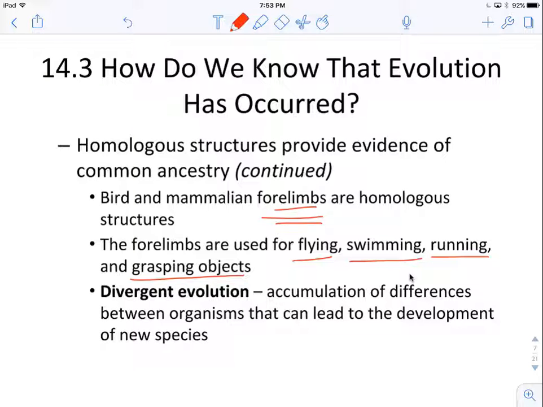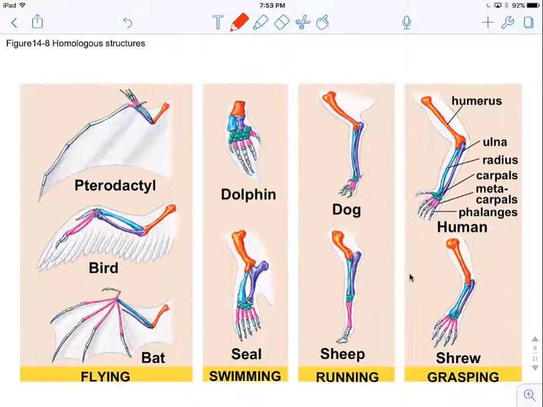And homologous structures are evidence of something we call divergent evolution, which is where you accumulate differences between organisms due to differences in use that can lead to development of new species. But if you look at the structures, the forelimb of certain animals, there we go, our friend the pterodactyl, bird, or a bat, these forelimbs are all used for flying.